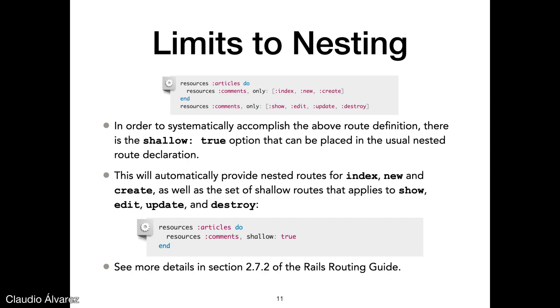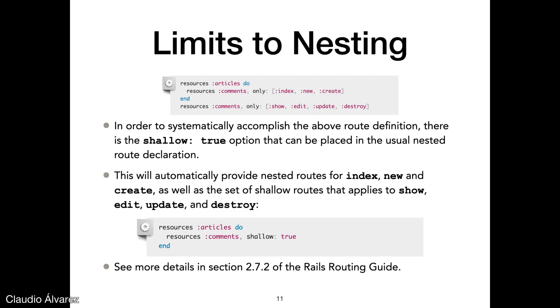The code at the top, which I just commented about, has an easy way to write it. You don't have to be so verbose as to write that the nested definition of comments will only be available for index, new, and create, and the other one for show, edit, etc. You have an abbreviated way of writing that, which is the one below. You define the articles, you nest the comments, and specify that this is a shallow nesting routing, right?